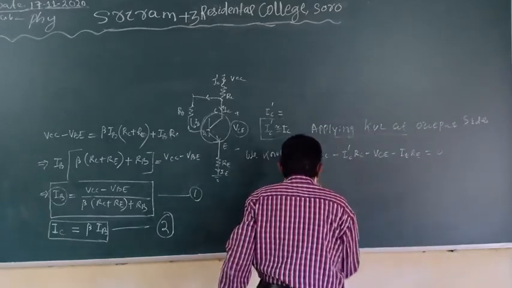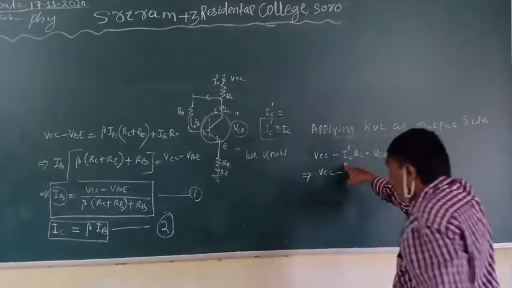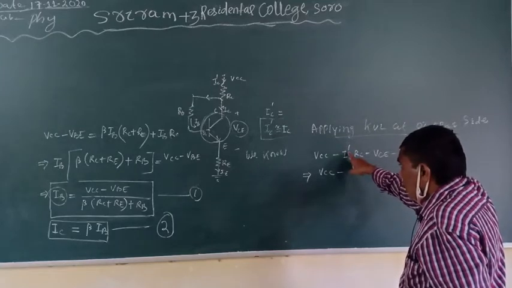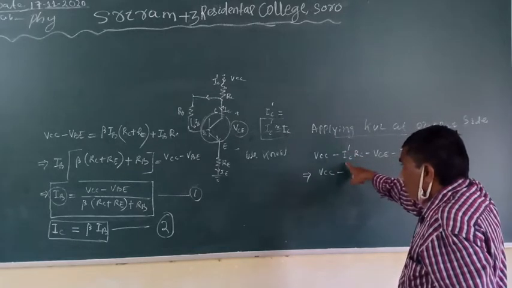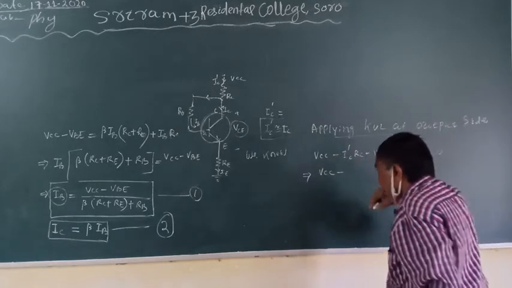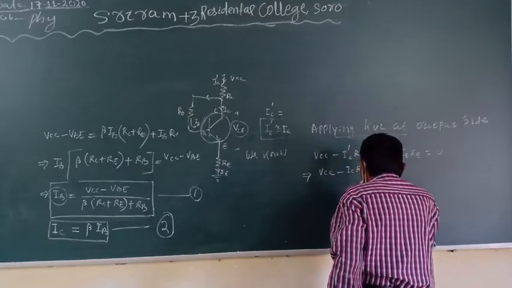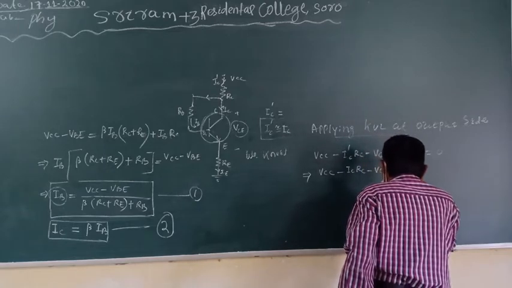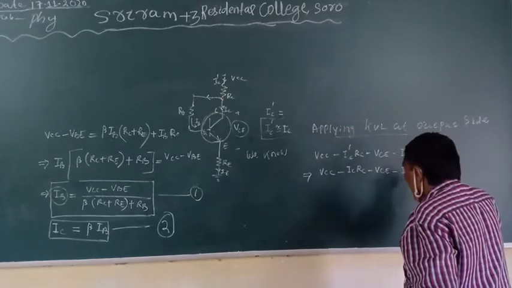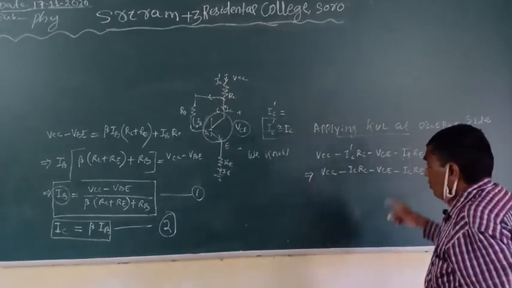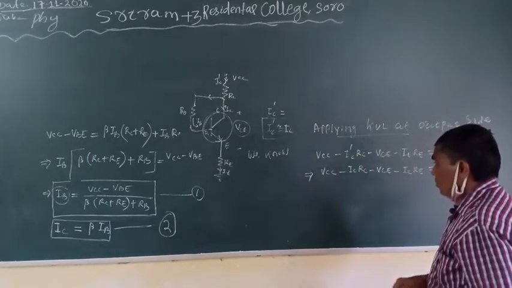Now in VCC minus, as discussed previously, IC dash is nearly equal to IC, so we replace IC dash with IC. Now we write IC RC minus VCE minus IC RE equal to 0, because IE is nearly equal to IC as discussed previously.